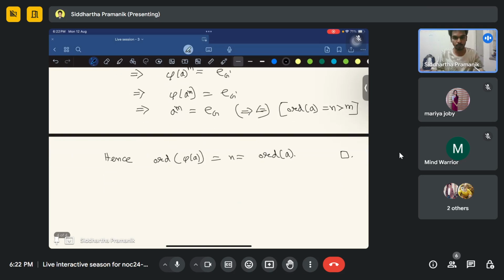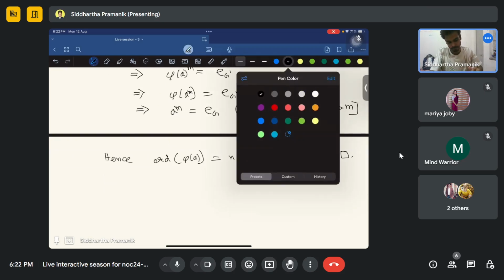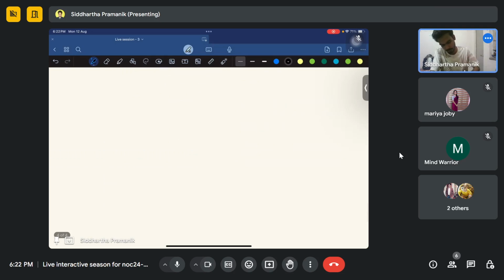So we can move on to the next problem then. Let's see some concrete problems. Suppose phi from C star under multiplication, I hope you are well aware of this group, to C star under multiplication be a group isomorphism.